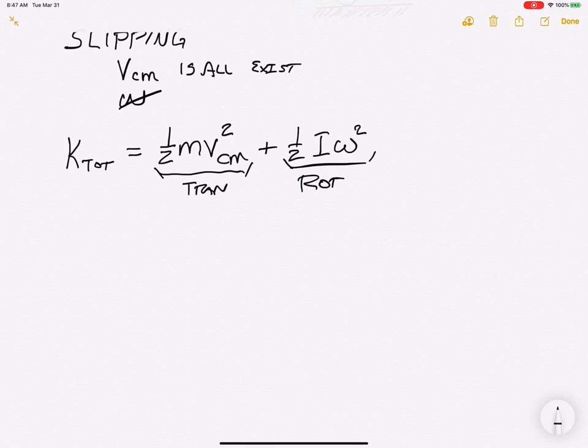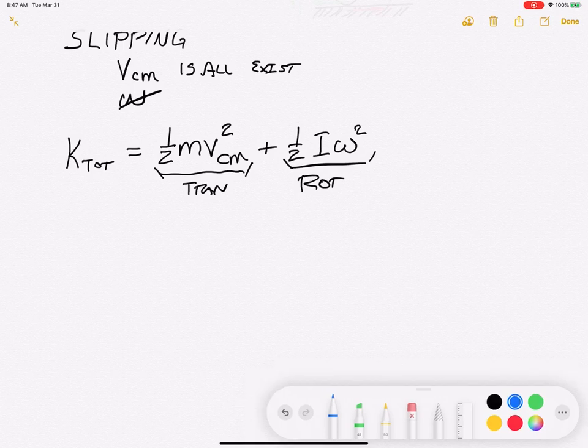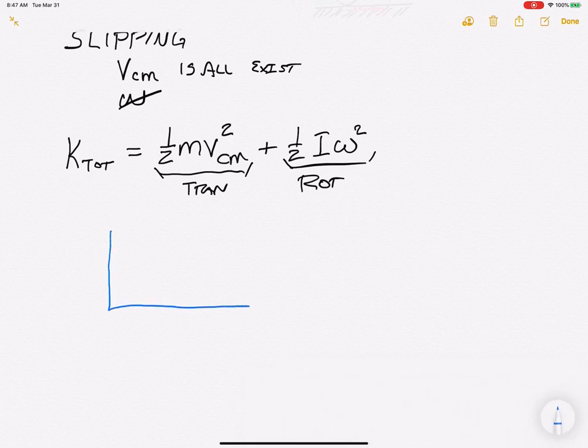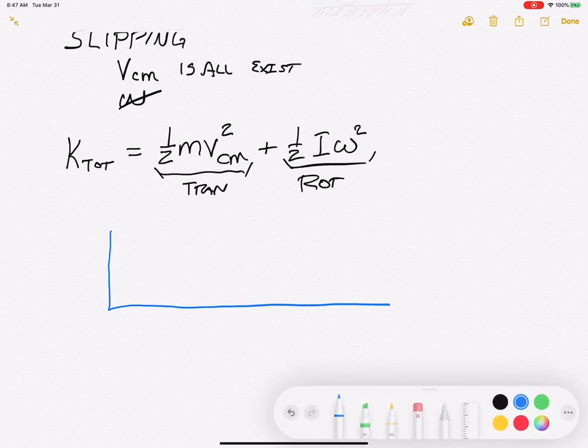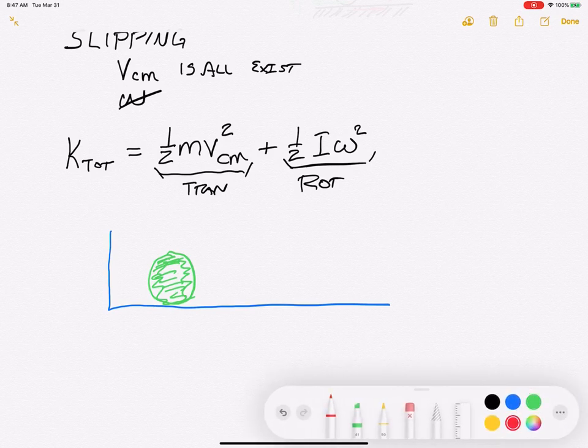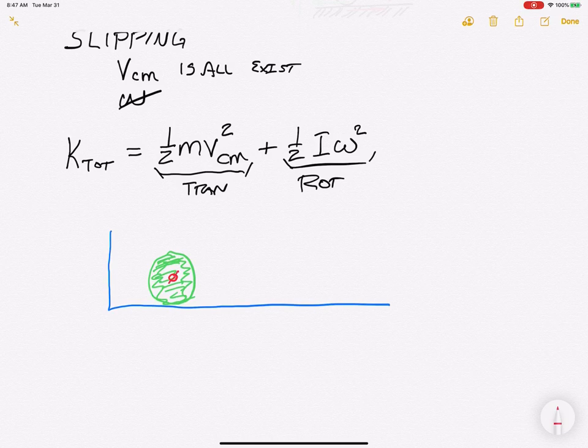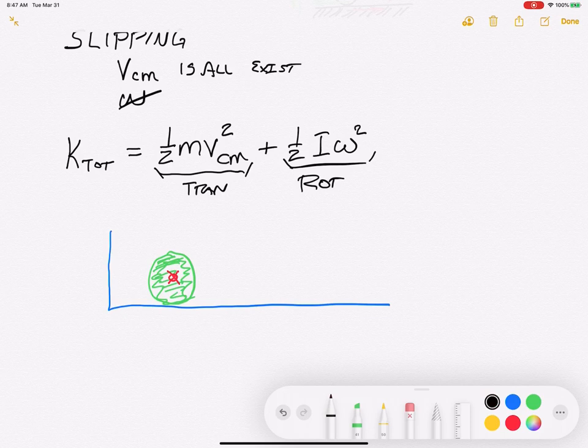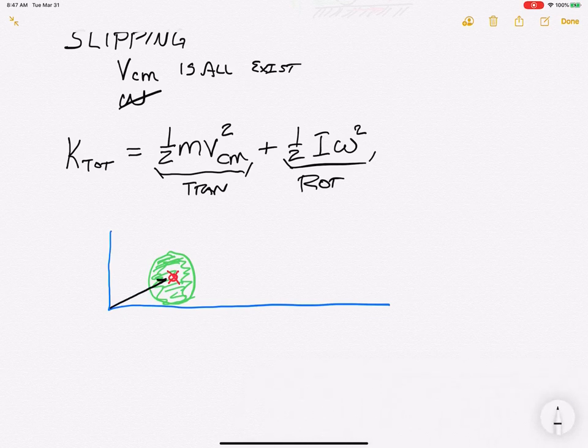Meaning that if I set up a coordinate system, and let's put a wheel rolling on it, let's make it a solid disk. Then the center of mass would be right in the center, and any vectors we would be drawing would locate the center of mass at that location.